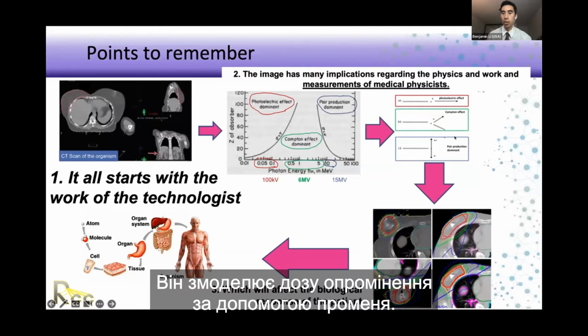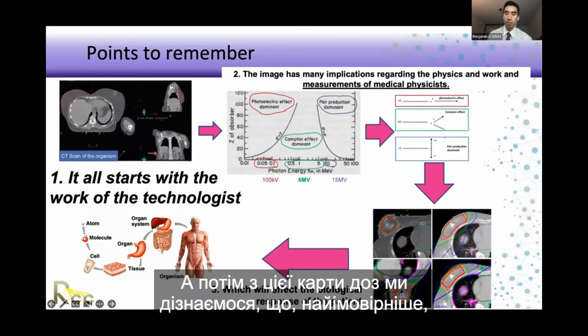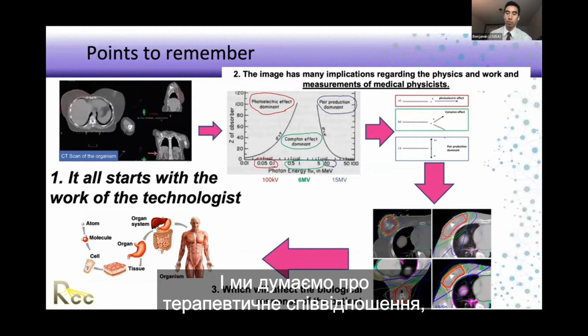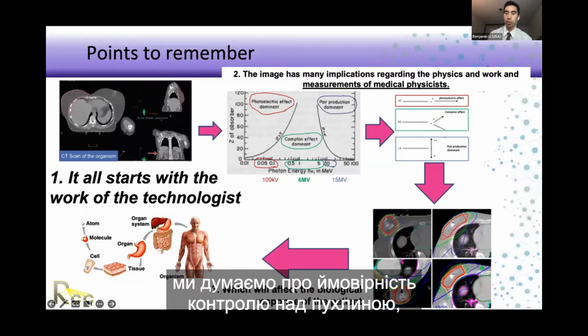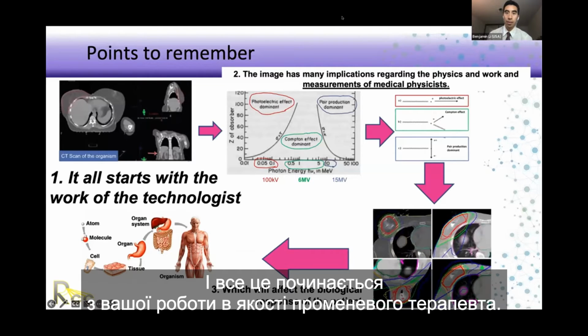It's going to model the radiation dose with the beam. That model is going to show up like a dose map with isodose lines. And then from this dose map, we're going to know what's likely to happen in the body. And we think about the therapeutic ratio, we think about tumor control probability, we think about the normal tissue complication rate.